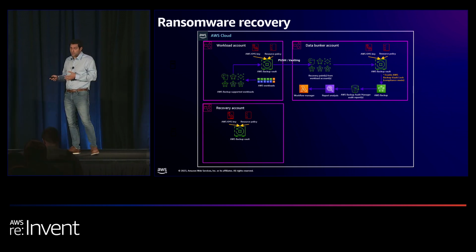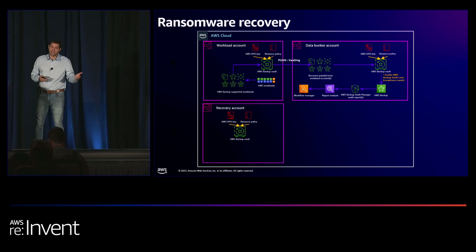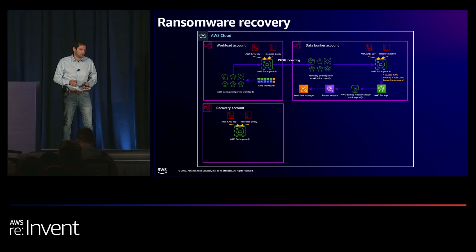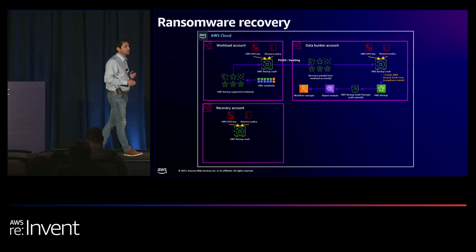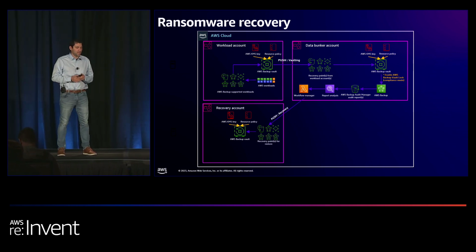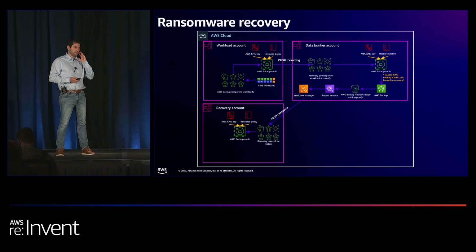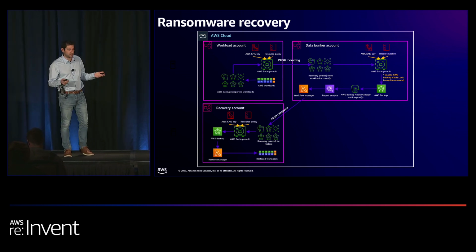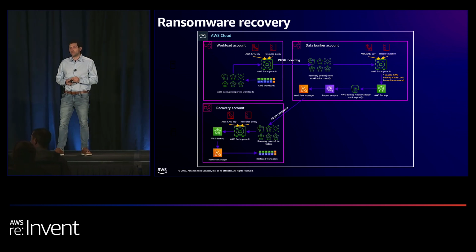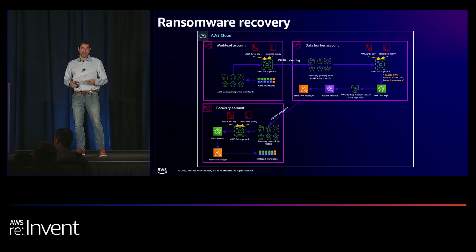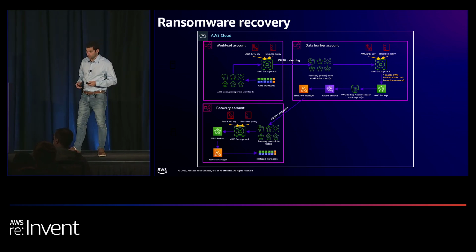So one of the best practices is just to set up a different account for recovery. I have another AWS Backup vault in that account, and I'll do a push of the backups for recovery. From here, I can just use the AWS Backup restore in order to recover my production workloads.